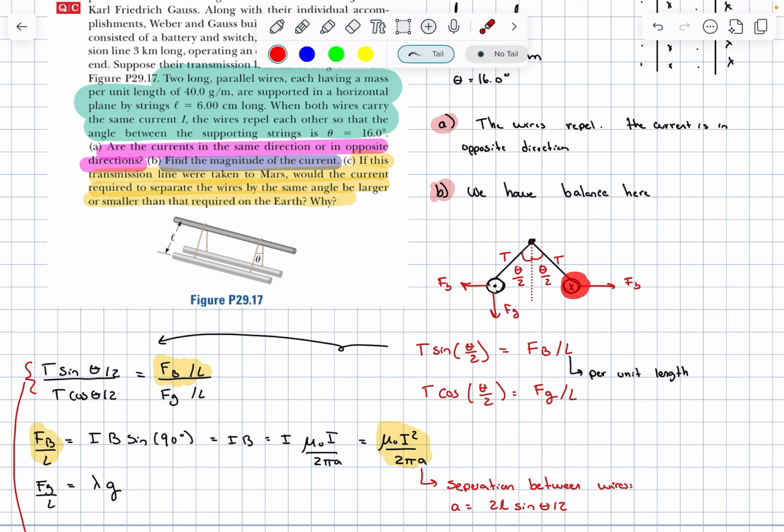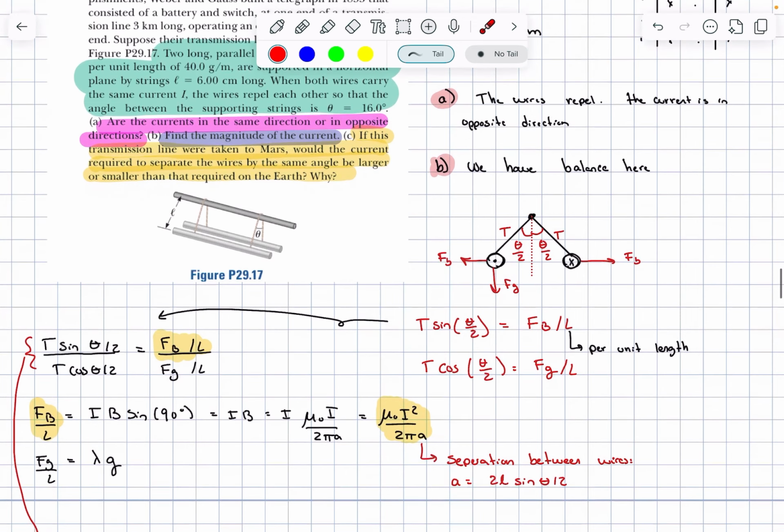Because of that magnetic field, this current-carrying wire on the left feels a magnetic force, repelling it. Same thing, but opposite. This current-carrying wire creates a magnetic field at this point here. Because of this magnetic field, this current-carrying wire experiences a magnetic force, repelling it as well.